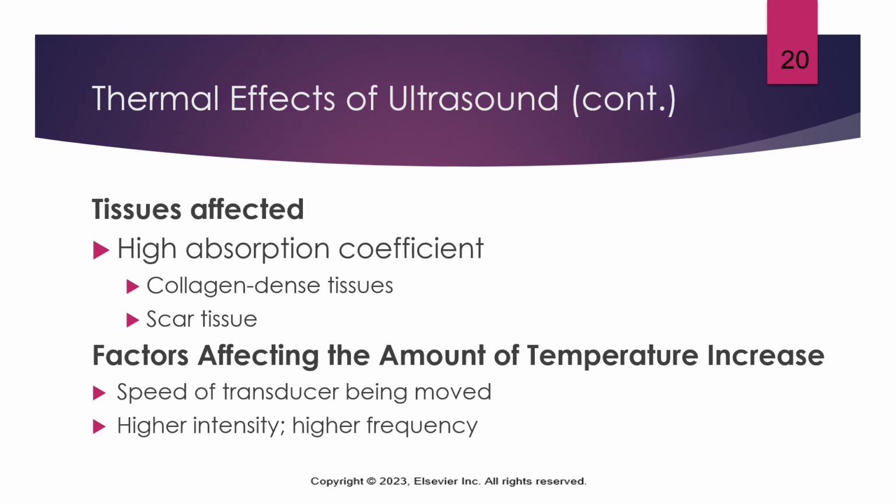So still looking at the thermal effects of ultrasound here, just remember that anytime we're discussing therapeutic ultrasound, we're really trying to target those high density collagen tissues because they have that high absorption coefficient. So scar tissue is something that we can definitely target because it's very dense collagen, so that means it's going to heat up quickly.